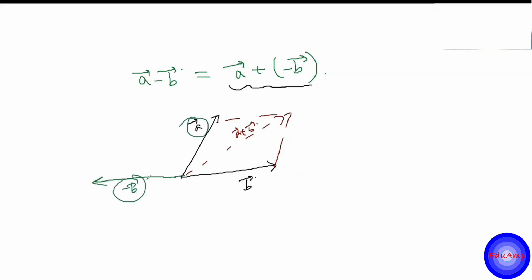You have to sum this A minus B. So it will be the diagonal of these two like this. Okay, this is A minus B, and you can use the formula also. The formula is what?